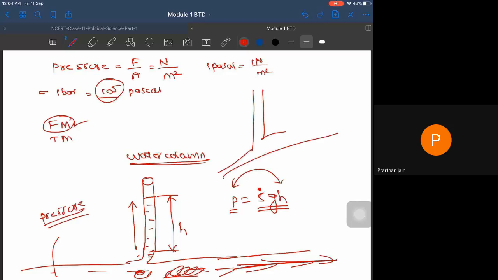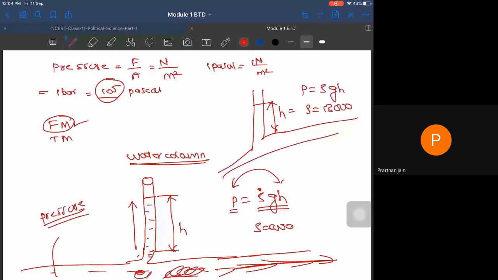Even if the pipe is flowing with mercury, and it rises by a height of h, then also you can calculate pressure by rho g h, where the density of mercury is around 13,000, and the density of water is around 1,000. These are a few of the data I want to give you.